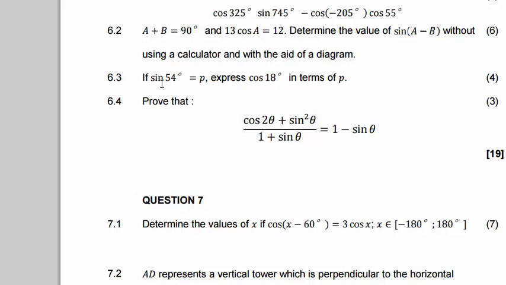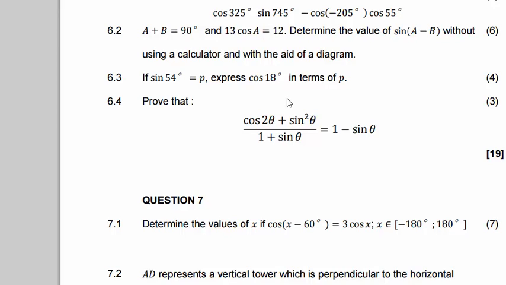Here you also can't necessarily see it, but you'll recognize when you work a little with this one that you are going to use it. Because if you take sine 54 degrees and cos 18, they don't necessarily come together.